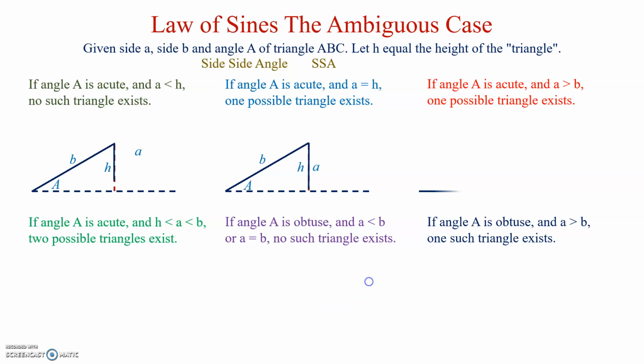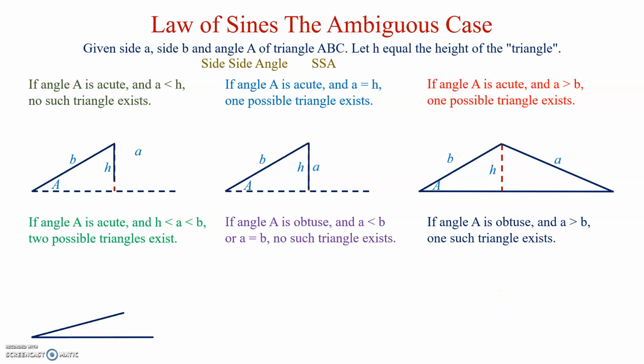Next situation, angle A is acute. There's our height again. This time we're going to compare the opposite and the adjacent. If side a opposite is larger than side b, you can see there is one particular triangle that is formed.